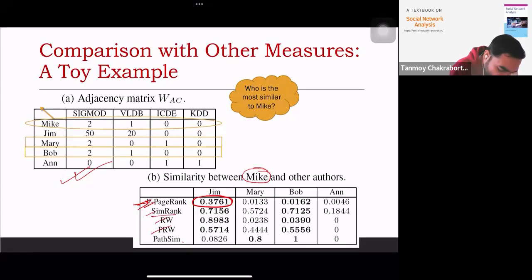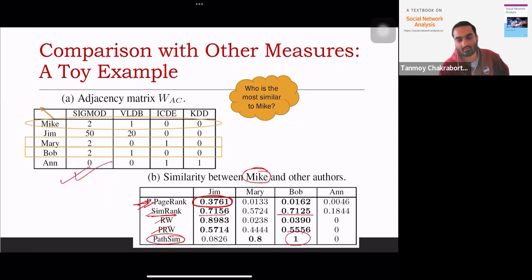Similarly, in case of SimRank, both Jim and Bob are considered the most similar authors of Mike, which is also not correct. PathSim only says that Bob is the most similar author of Mike.